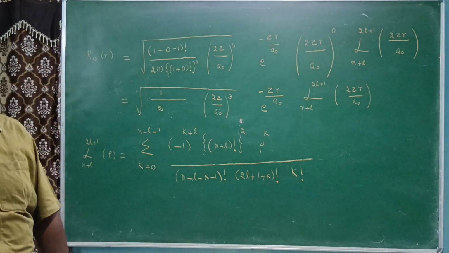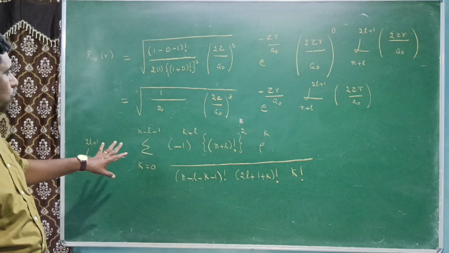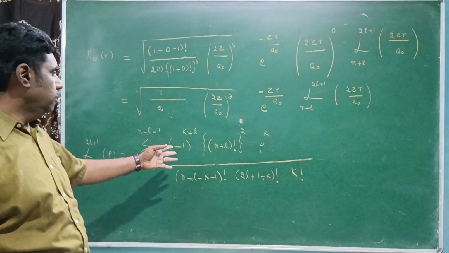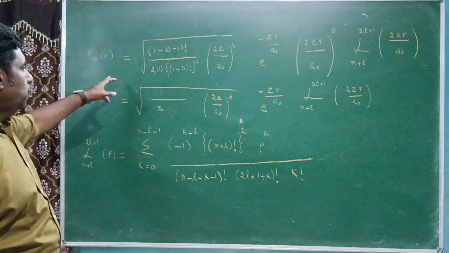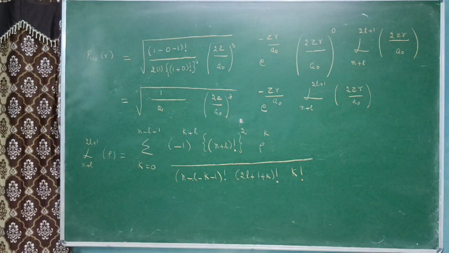This is a standard relation. The value of this Laguerre polynomial is this much. Now we have to substitute the value of n and l in this equation to get the value of this polynomial.